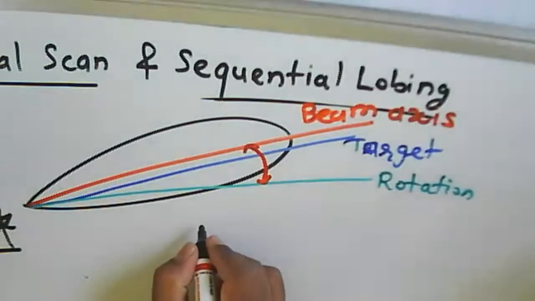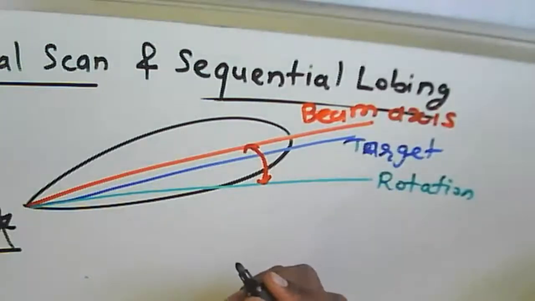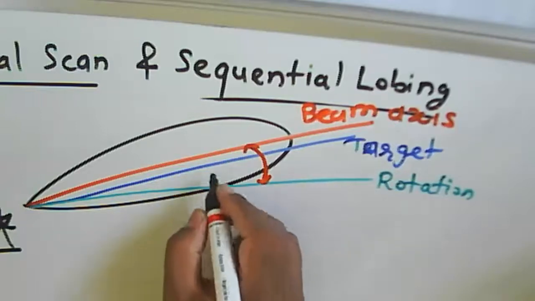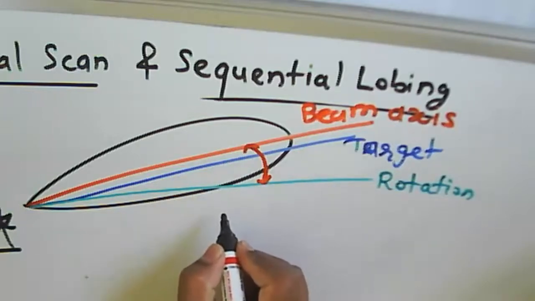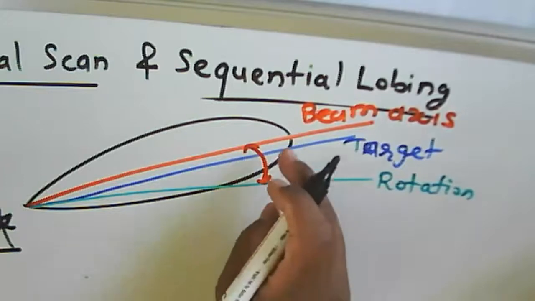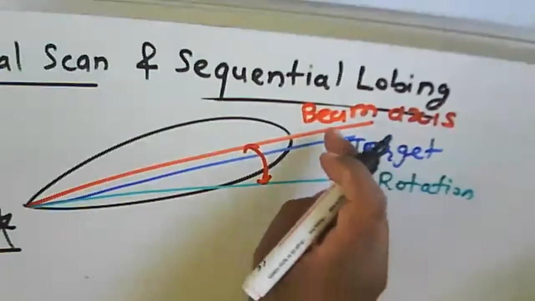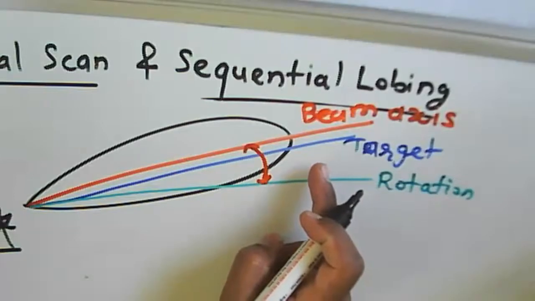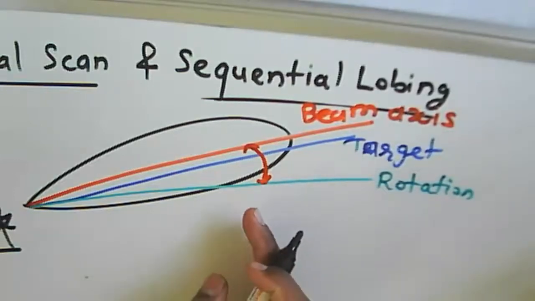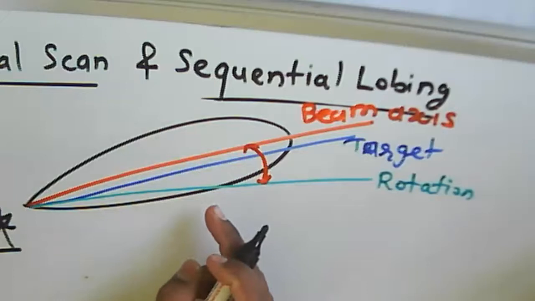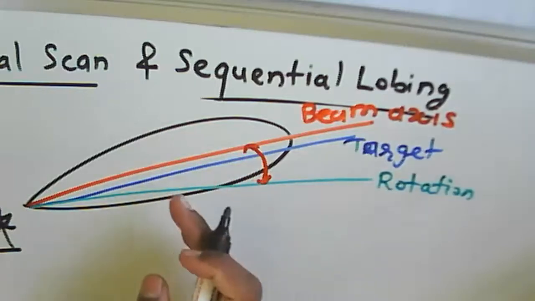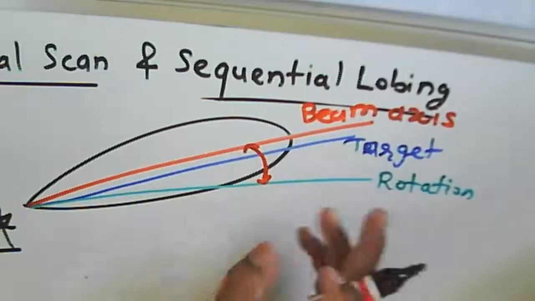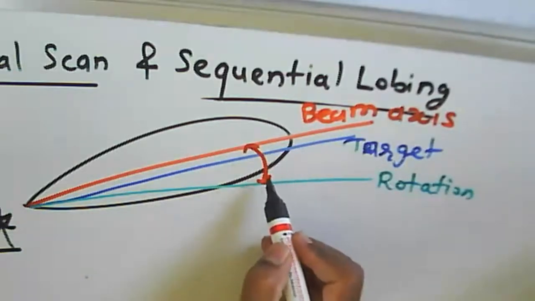So we will get that from the change in the angle here. That particular beam axis as well as this rotation target will provide you the phase of the conical scan modulation, in terms of the beam rotation, because we are getting the squinted angle there.